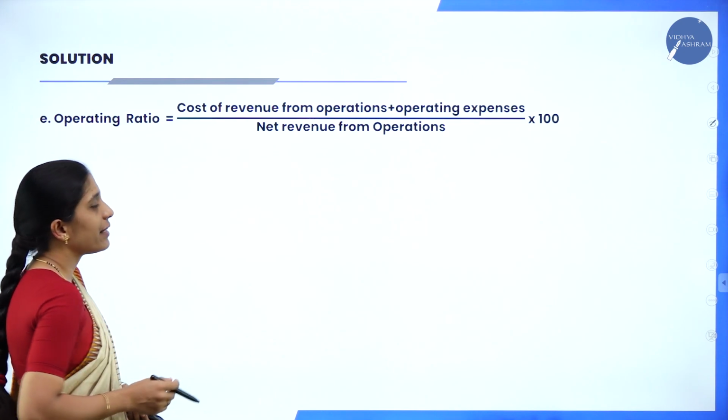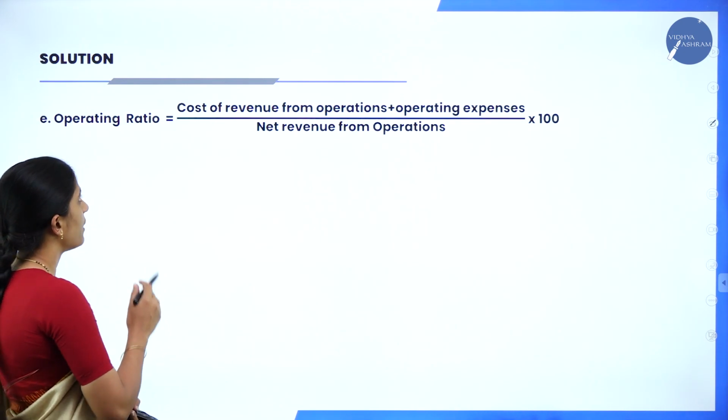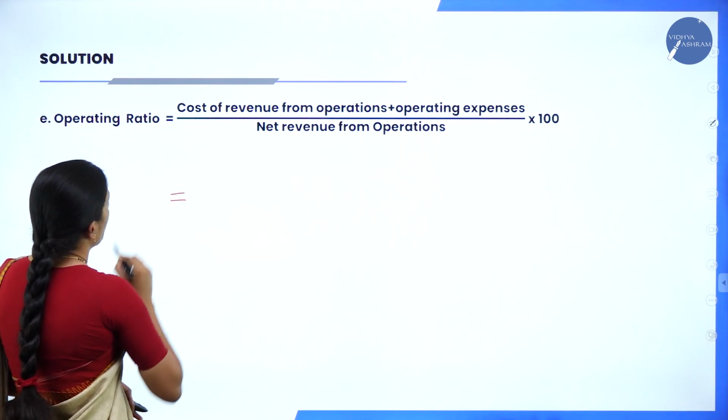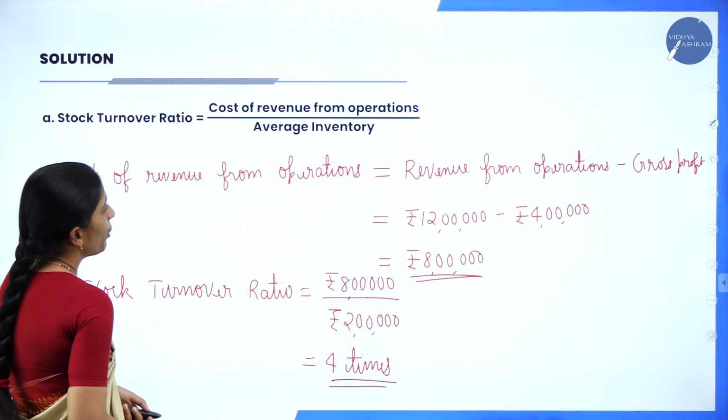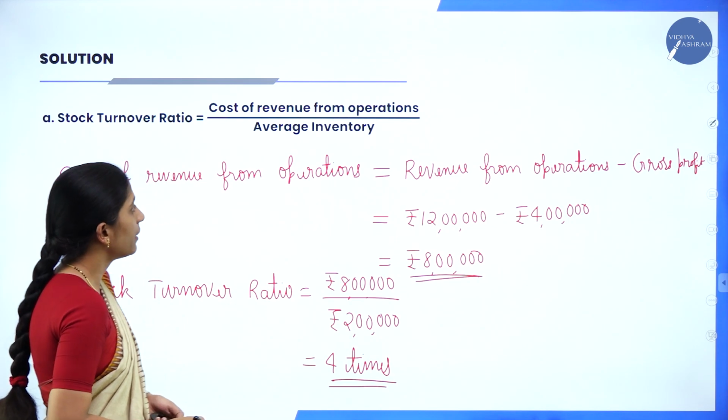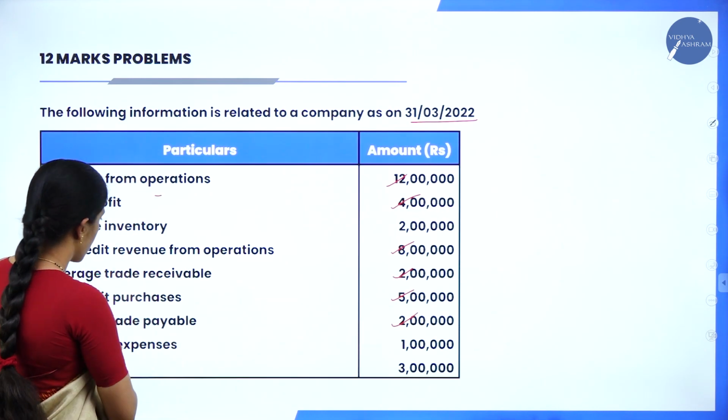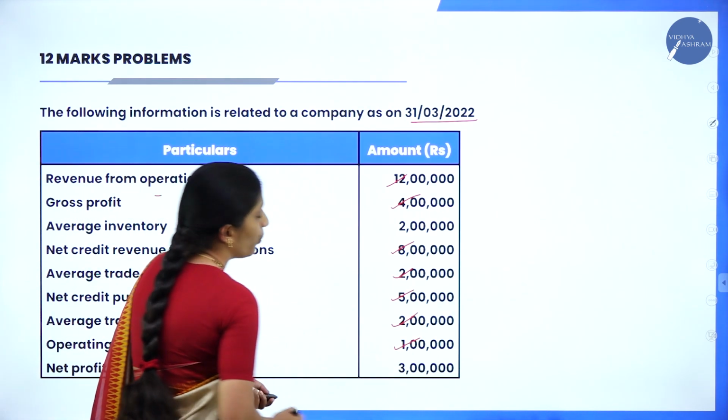Now moving on to the next one, operating ratio is equal to cost of revenue from operation plus operating expenses divided by net revenue from operations into 100. Cost of revenue from operations we have already calculated: rupees 8 lakh plus operating expenses, which is 1 lakh.